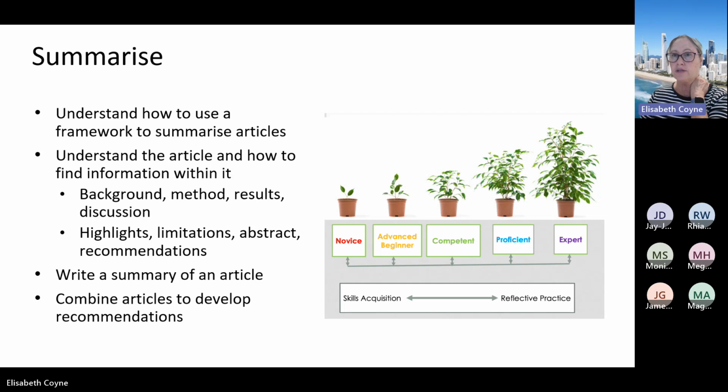Just as a quick poll, the results of the first one were 3.2. So let's have a thumbs up or thumbs down on, do you think you've mastered this ability to summarize research and know where things are?